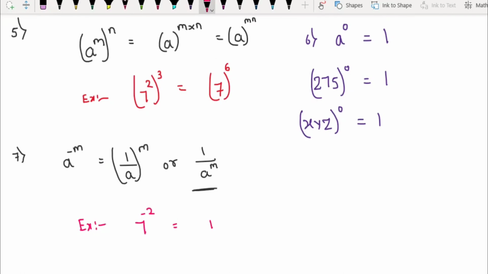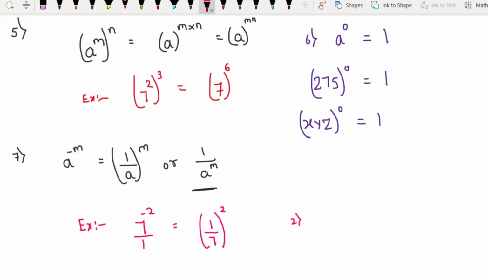So 1 by 7 whole square. 1 by 7 whole square. Why am I writing 1 in the numerator? Because you can see in the question I did not give anything as the denominator of 7, I gave just 7. So if there is nothing in the denominator, we consider it as 1. So that's why the reciprocal of 7 is 1 by 7.